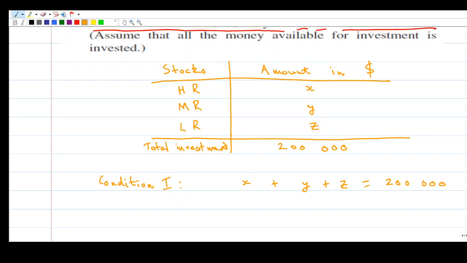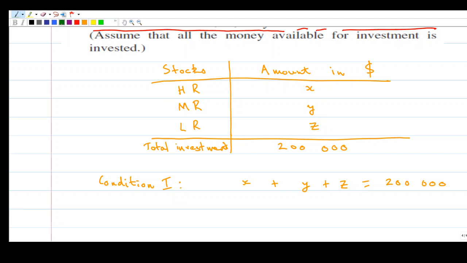Condition 2, let's look at the part in green, the investment in low risk stocks should equal the sum of the investments in the other two.